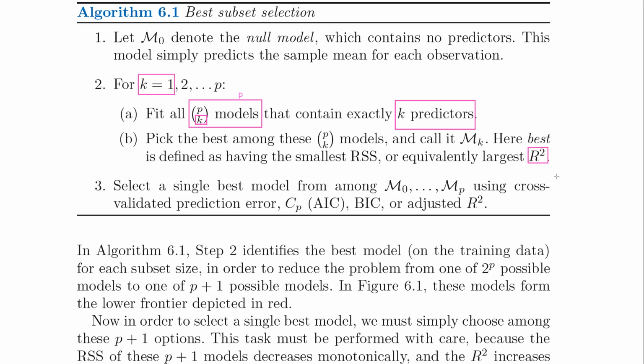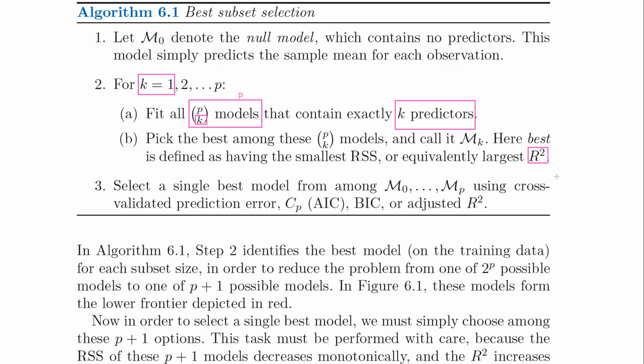Select a single best model among M0 to Mp using cross-validated prediction error. So we could use chapter 5. We could use the Akaike information criterion. There's a BIC, I think that's Bayesian information criterion, or adjusted R squared.